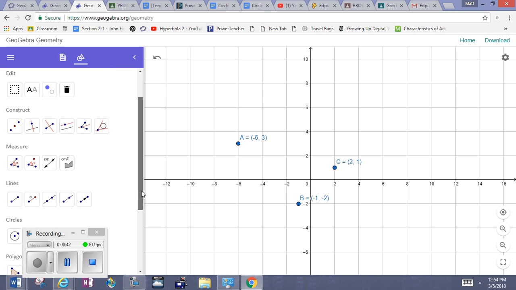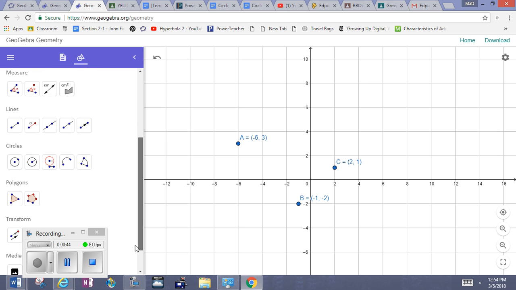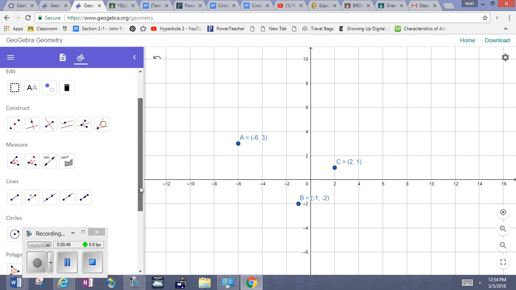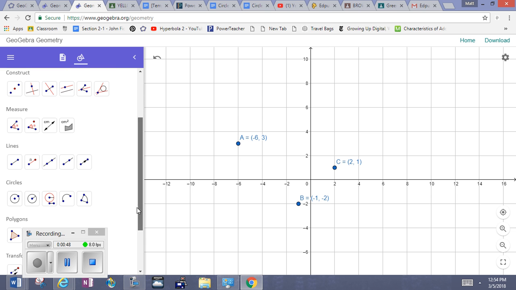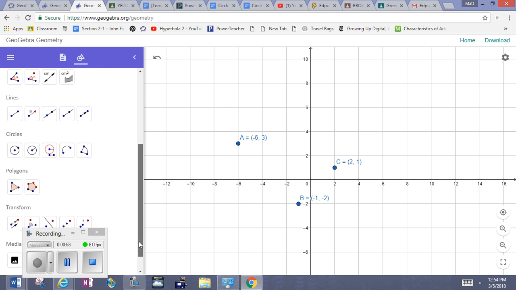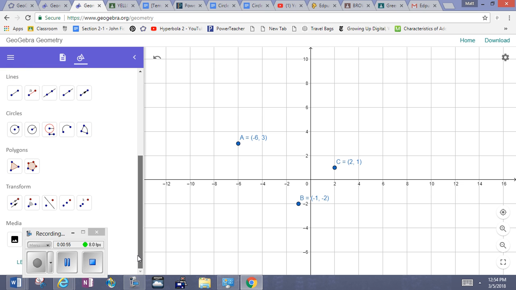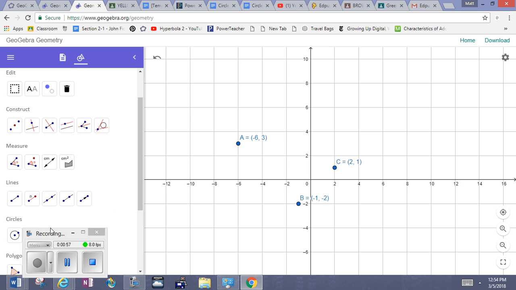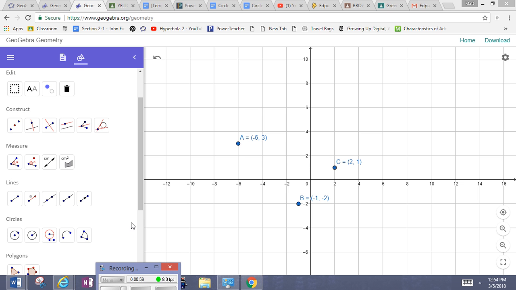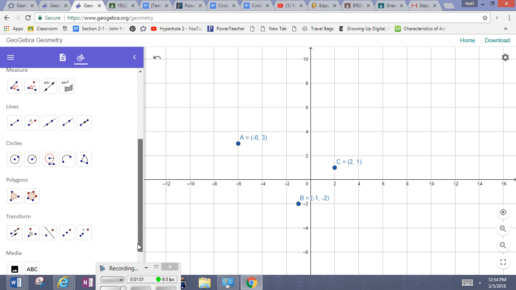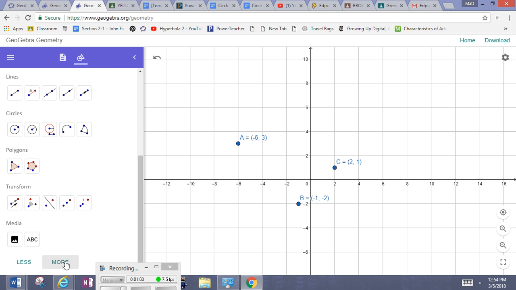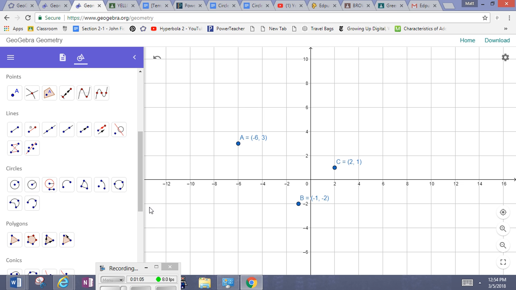Now, lo and behold, there's a tool here that I recently discovered, which is kind of going to be interesting here. Okay, so I gotta move this guy out of the way. Let's open up more tools here.